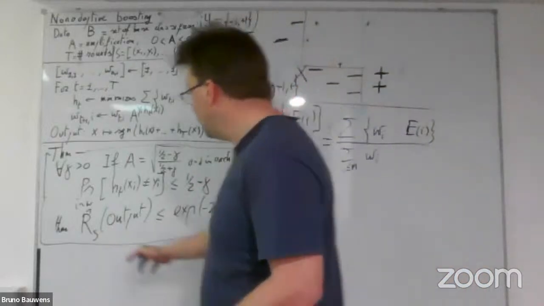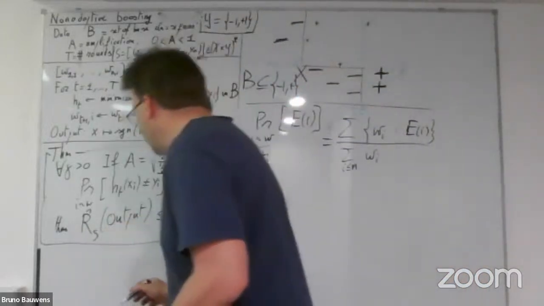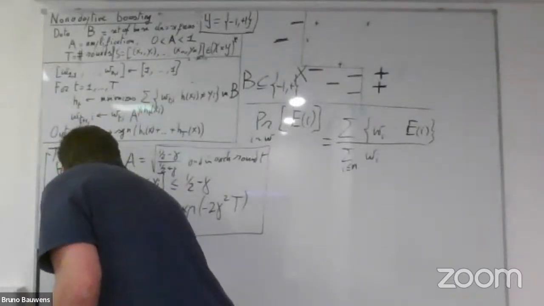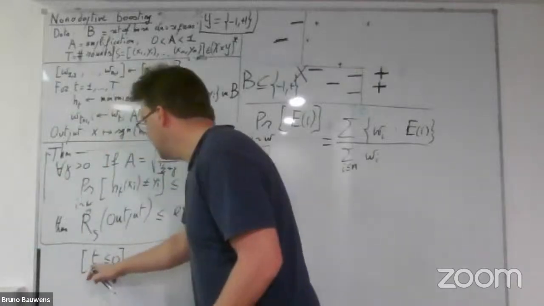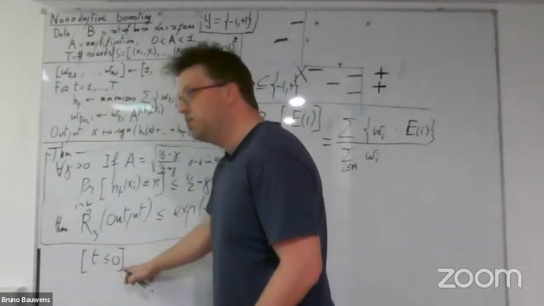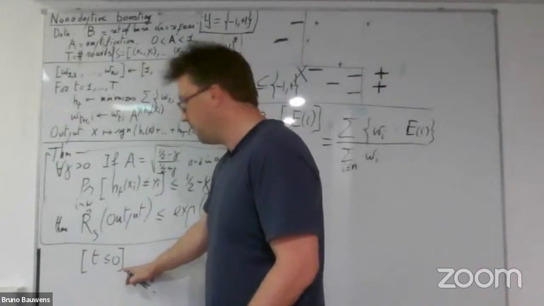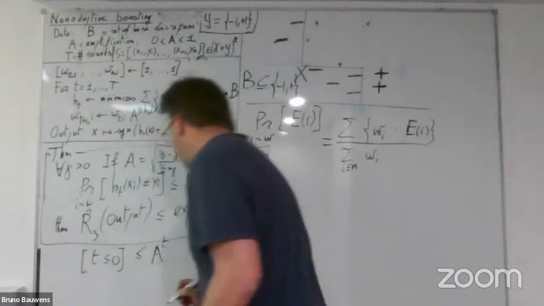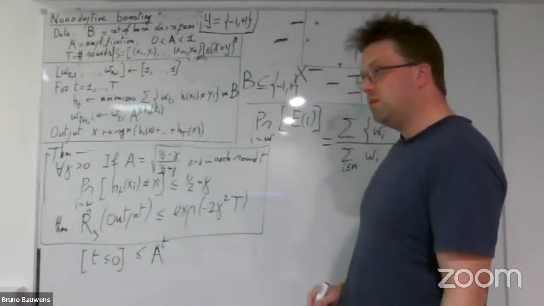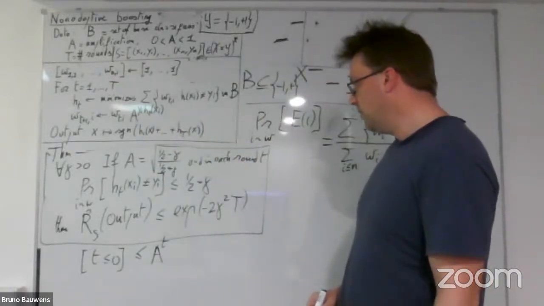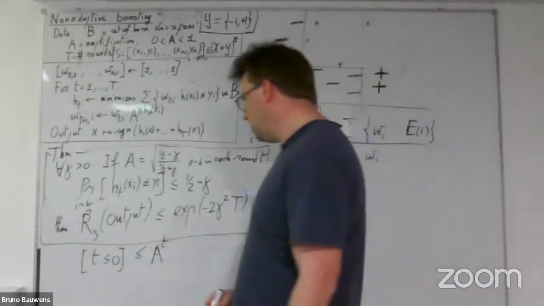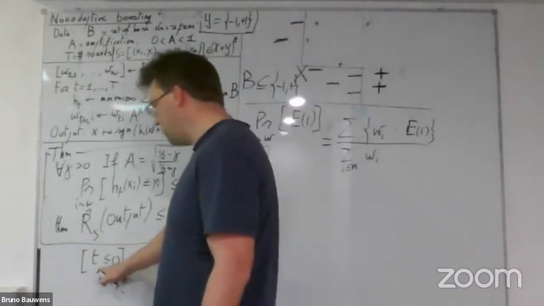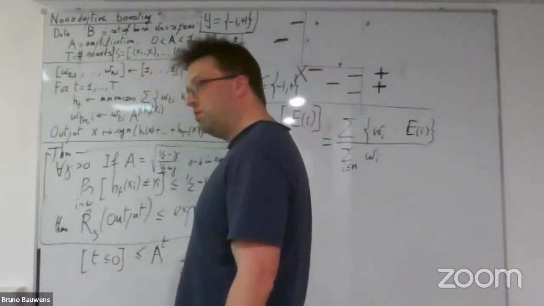Step one, let's make an upper bound for empirical risk. And the idea is extremely simple. The indicator function is one if t is at most zero, and zero otherwise. And this is bounded by a to the power t. If t is strictly bigger than zero, the indicator is zero, and the bound always holds.